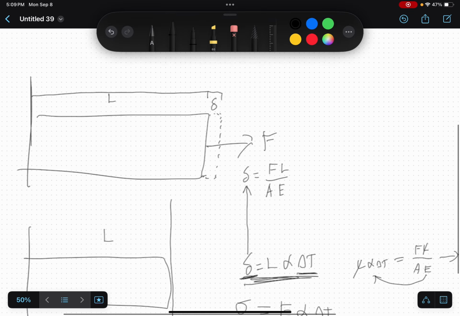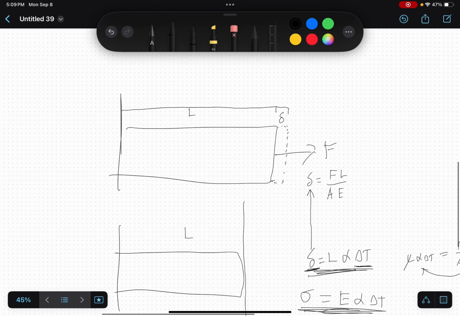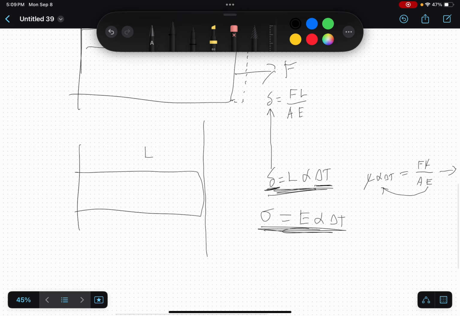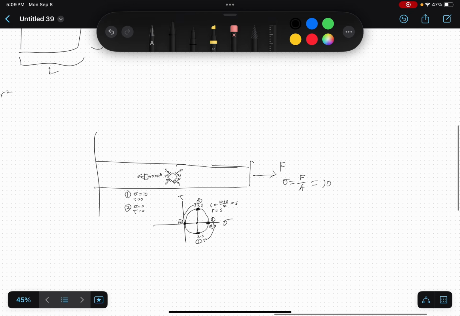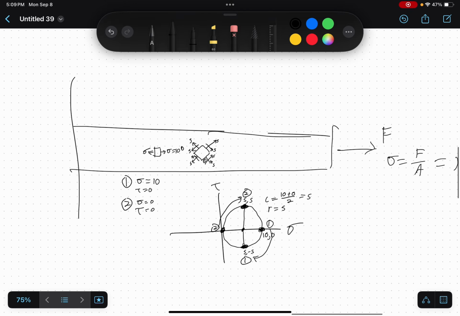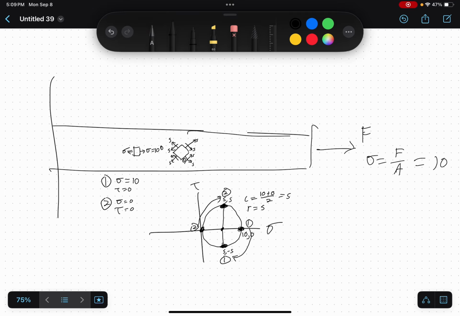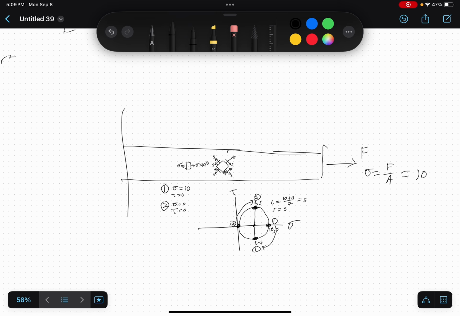You have the two types of expansion, which is you're pulling it or it's thermally expanding. And then you have Mohr's circle, which is how you can find the maximum normal and shear stress for any situation. Okay. Cool beans.